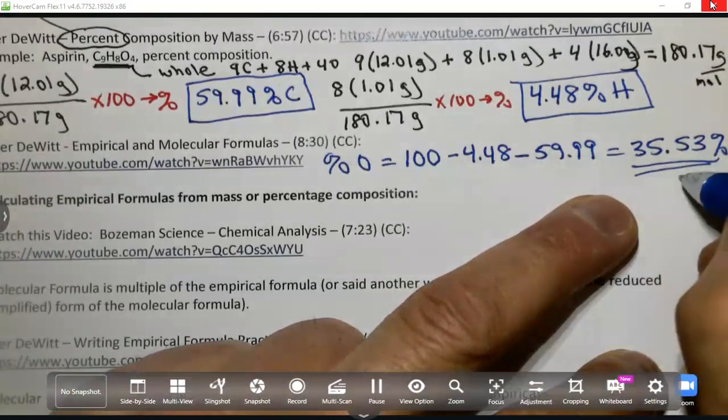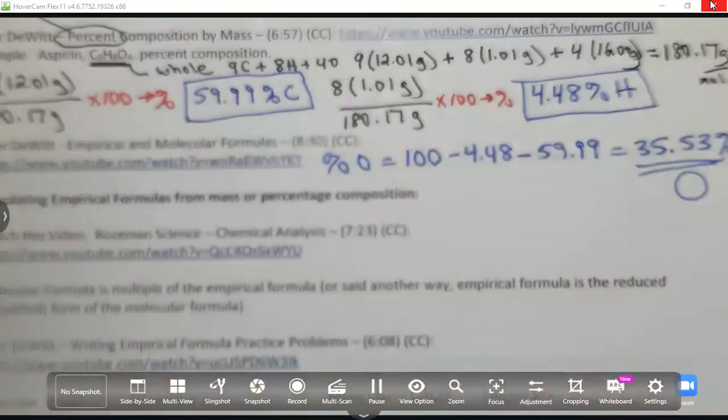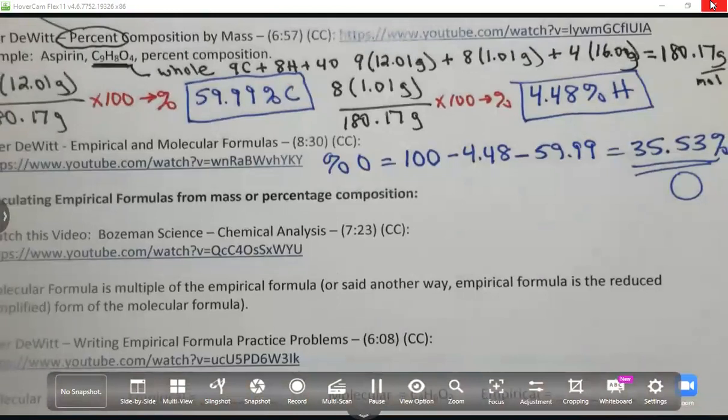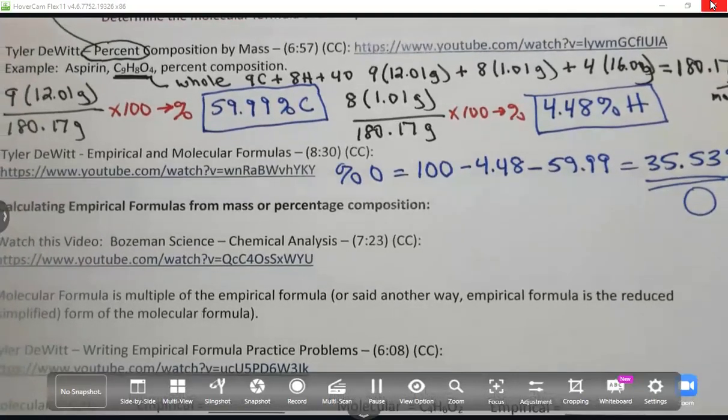That's our percent. So that's just percentage composition. Part over the whole.